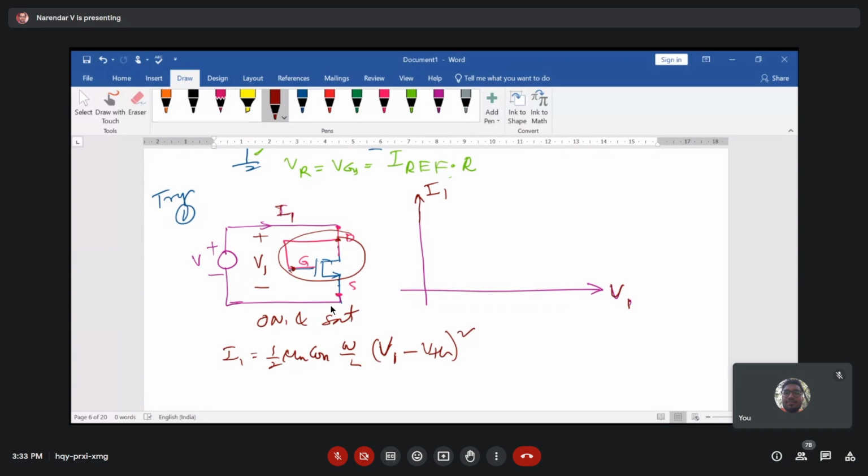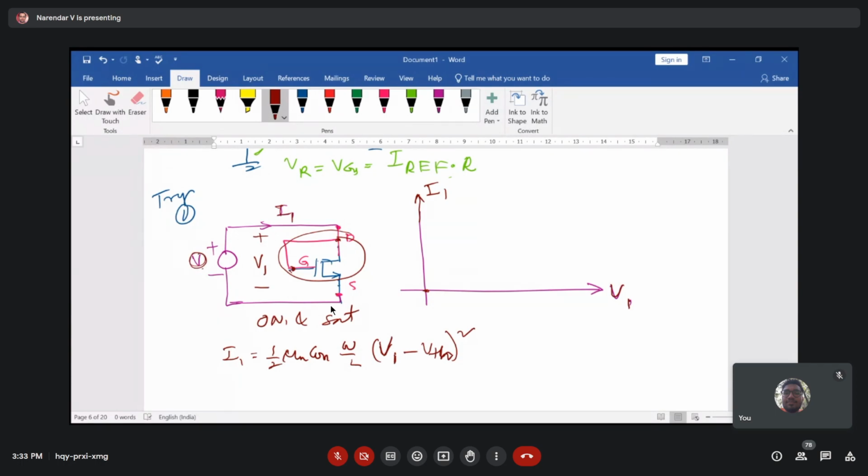With this expression, initially V1 is a very small value, because as you vary the voltage V here, there is a corresponding variation in V1.